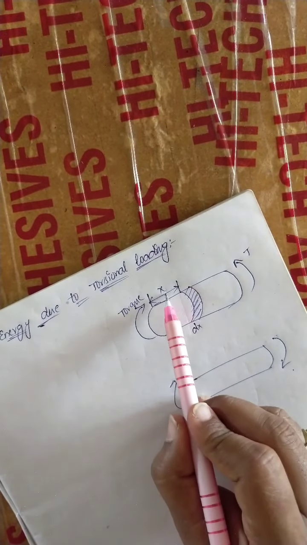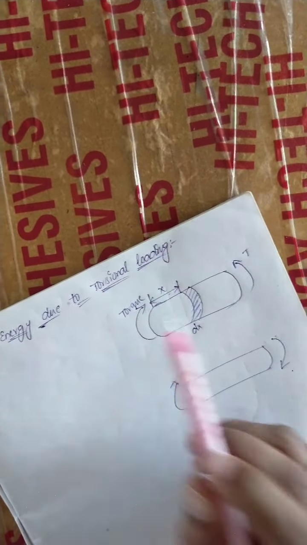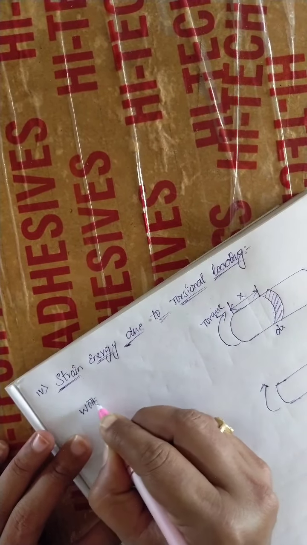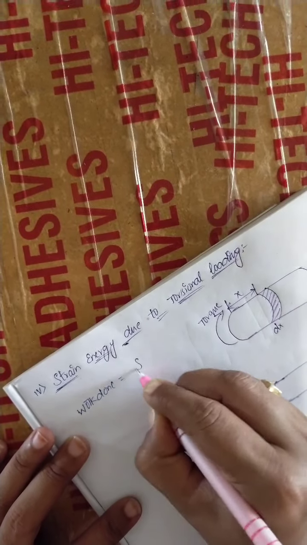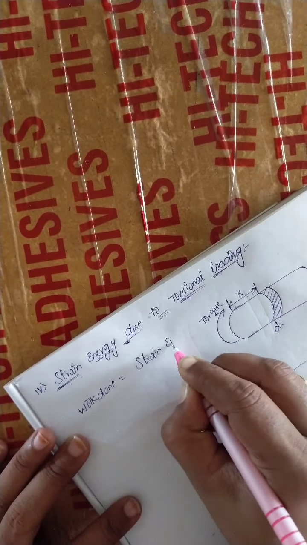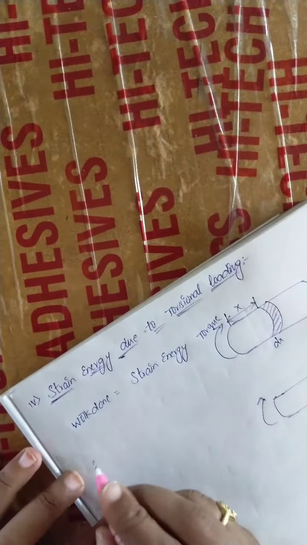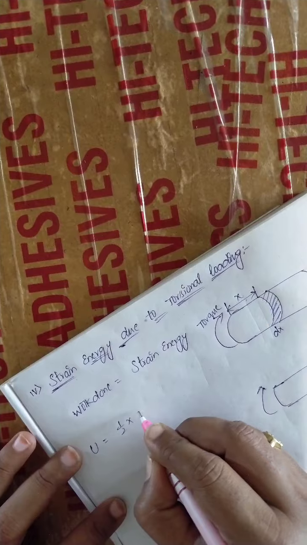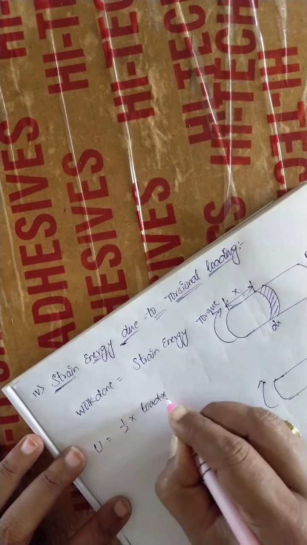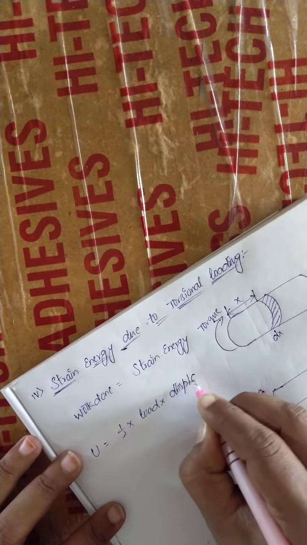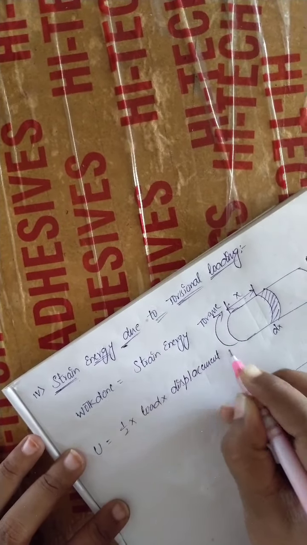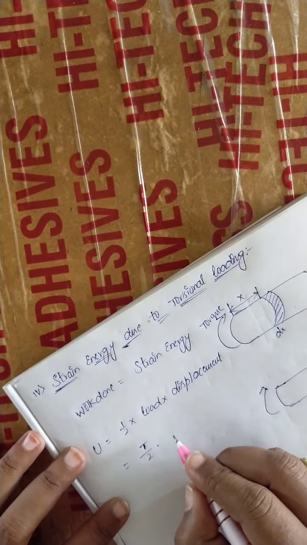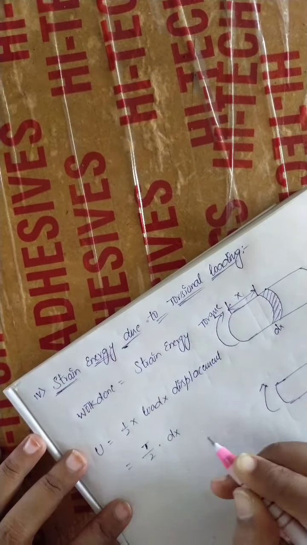As usual, the same formula: work done is equal to strain energy, where U is equal to half into load into displacement, that is equal to, here load is torque load, T by 2 into displacement is nothing but dx.